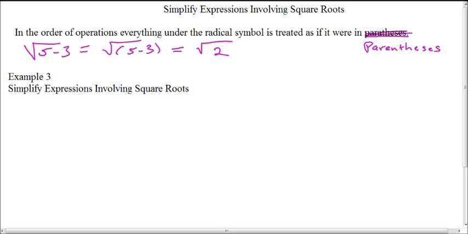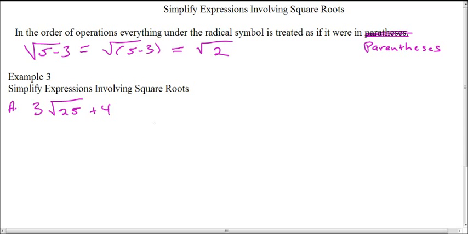So let's take a look at problem A. Let's take a look at 3 times the square root of 25 plus 4. Okay, if we notice, only 25 is underneath the radical sign.